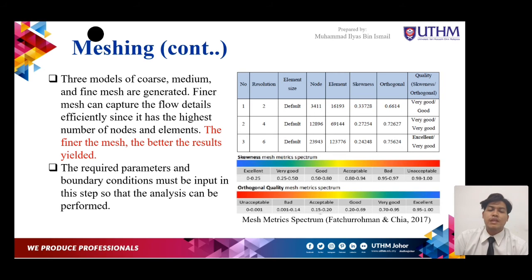On the right slide, the table shows example data of the generated mesh that I have tried on my nozzle and the mesh metric spectrum. The parameters and the boundary conditions are yet to be confirmed with my supervisor.